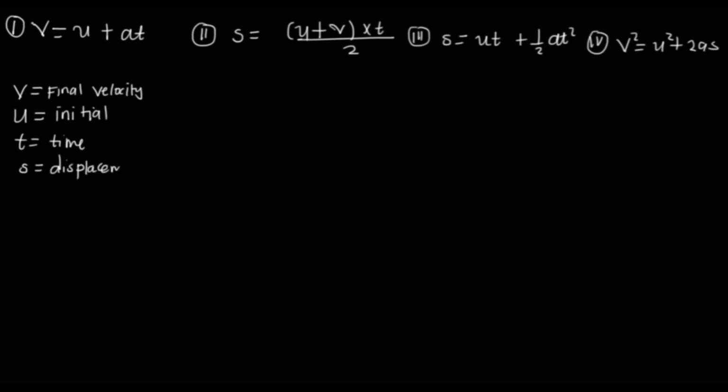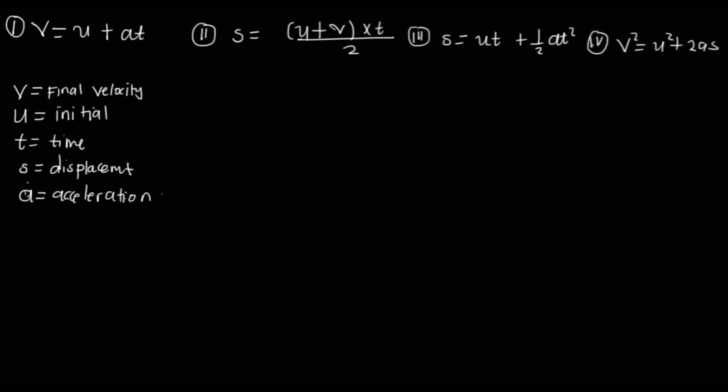In a case where an object is moving in a straight line without making a turn, this can also denote the distance. Then a represents the acceleration. So these are the basics that we need as we are dealing with problems of acceleration.